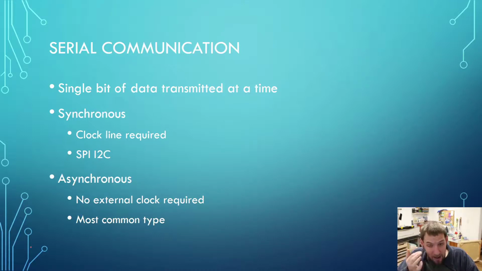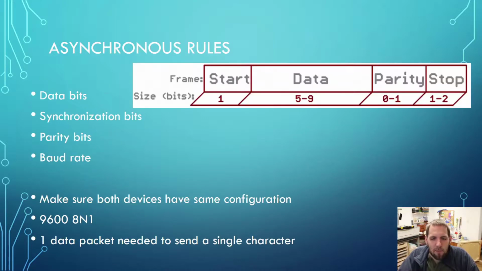So we do actually have to make sure that we have everything set up in the proper procedure. All right. And that proper procedure is set up here. So here we have our asynchronous rules. We have a very specific set of information.